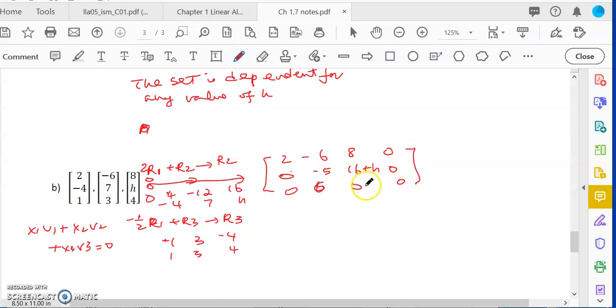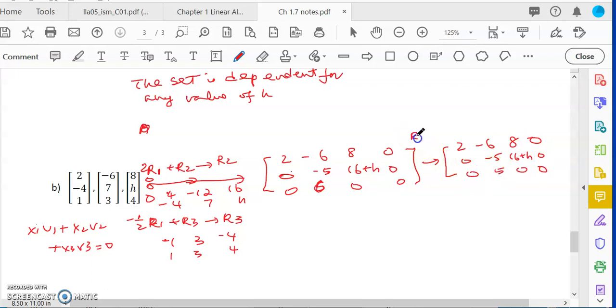So when would I have a solution? I can get rid of this by adding it with this. That's kind of difficult, so actually I can just divide this by 6 and multiply. So negative 6, 0, 0, negative 5, 16 plus H, 0, and then this becomes just 5, 0, 0.